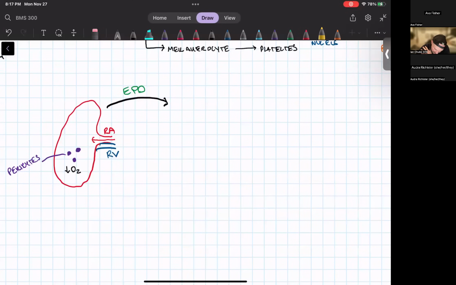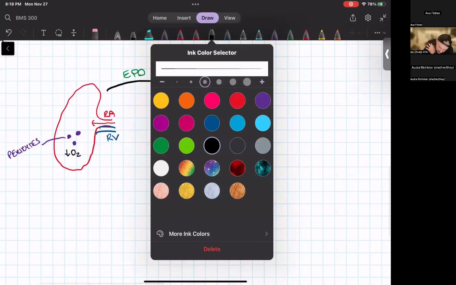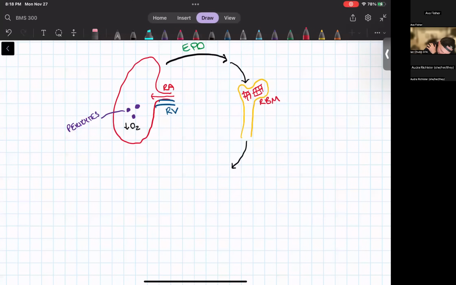And then this is going to go act on our bone, and obviously, specifically the red bone marrow. It's going to act directly on the proerythrocytes, like we said up here. And then in turn, we're going to end up increasing our erythrocyte production, which then is going to lead us to our final little step.